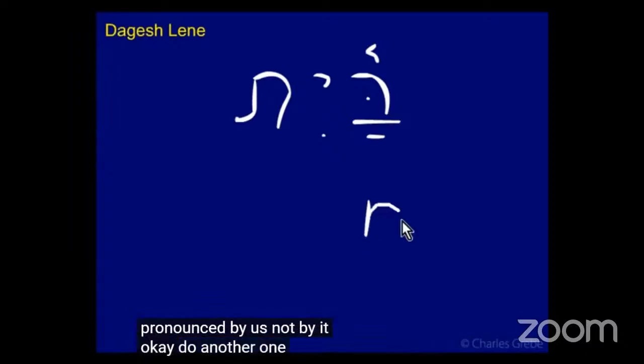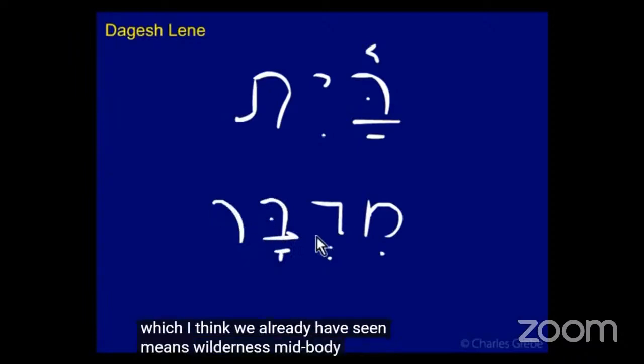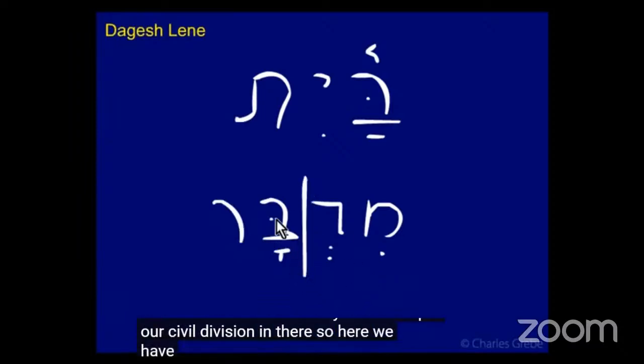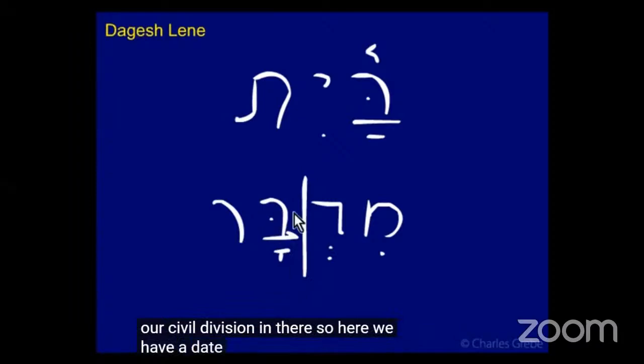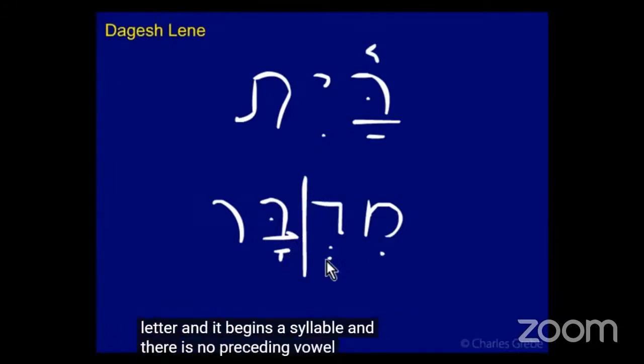Okay, let's do another one: midbar, which I think we already have seen. It means wilderness. Let us put our syllable division in there. Here we have a bet, which is a Begad Kafat letter, and it begins a syllable, and there is no preceding vowel.